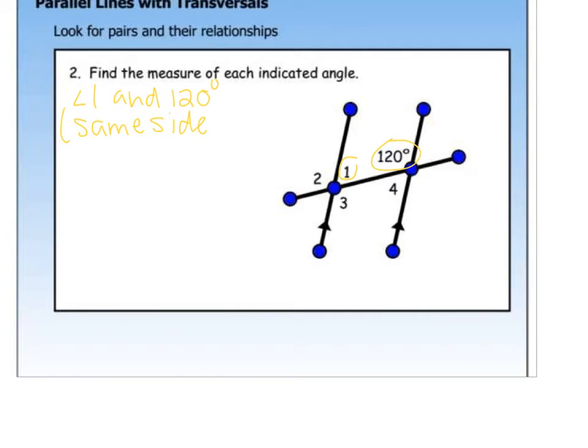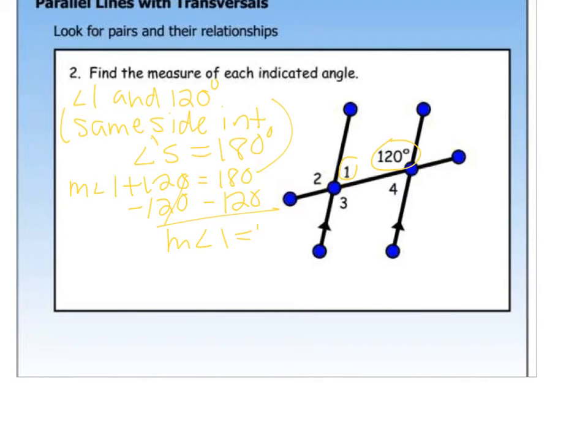Well, what we learned before about same side interior angles is that they are supplementary. They equal 180 degrees. So let's think. If this is 120, I know together angle 1 and 120 degrees equals 180. What would be the measure of angle 1? 60.